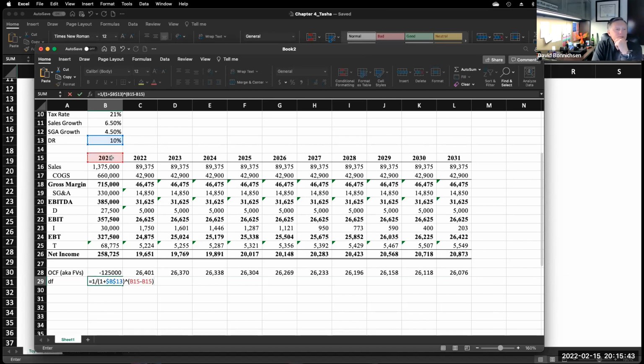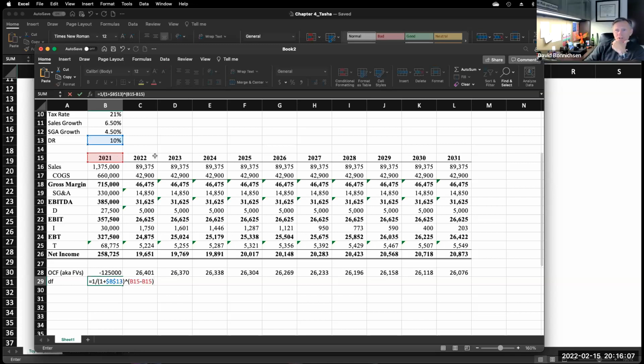That gives me 0, which gives me a base year. But now I want to be able to drag this, and if I drag it, it's going to give me 0 every single place that I drag it. So I always want to reference my base year, to give me something minus my base year.